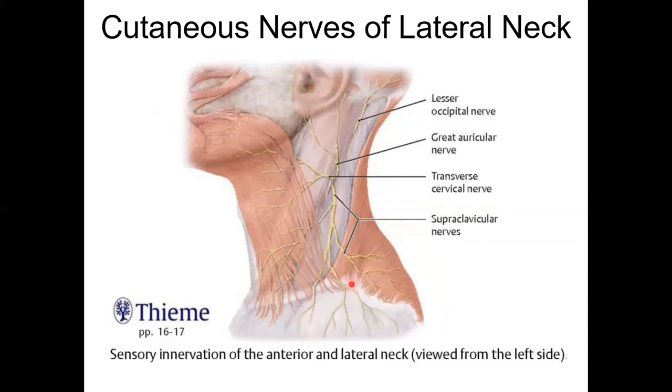And these are for sensory innervation. Whereas before we talked about the platysma being innervated by the facial nerve because the platysma is a muscle of facial expression, these nerves here are sensory nerves, so you can feel when things are touching your neck or feel when things are warm. So this is all about sensation. These nerves are sensory nerves.